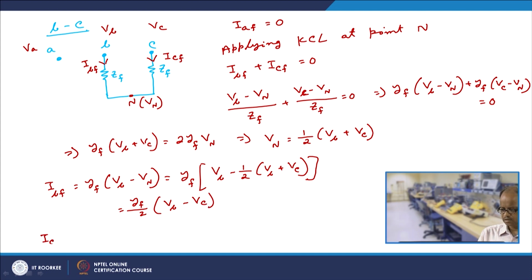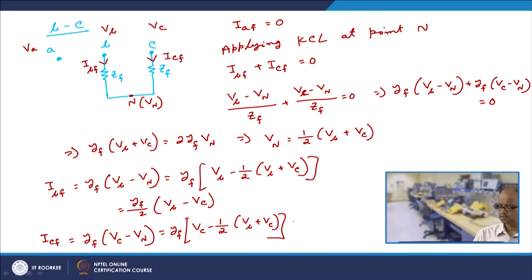And ICF is YF into VC minus Vn, that is YF into VC minus half of VB plus VC, so it is YF by 2 into VC minus VB.